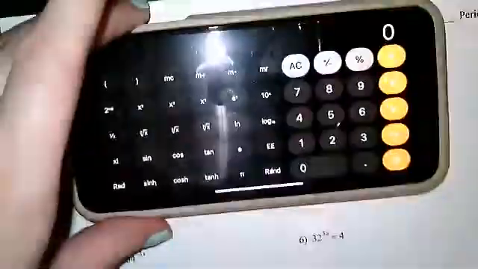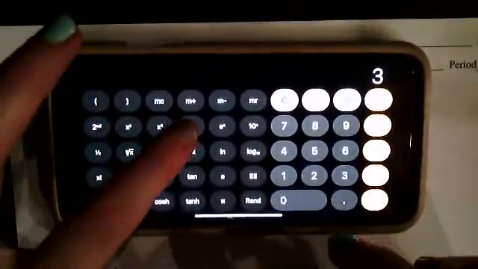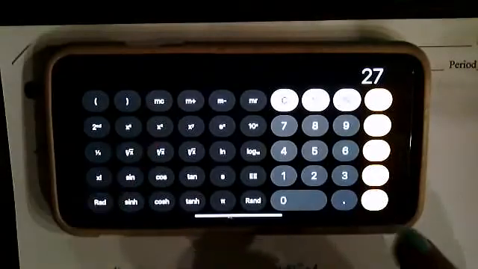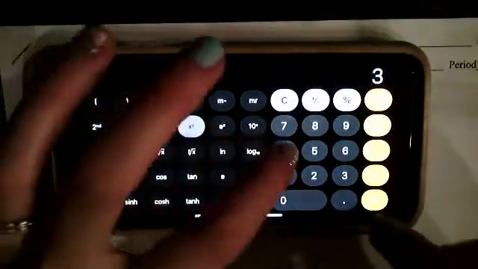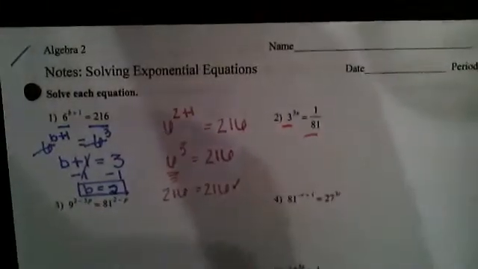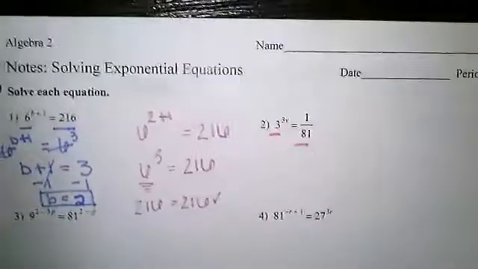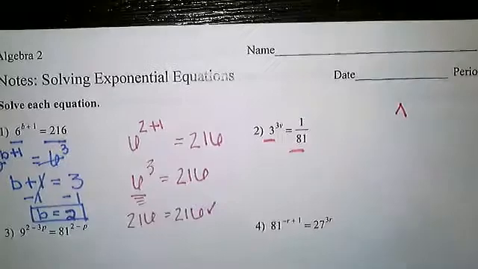There's quite a glare when it comes to using that. There we go. So if you do 3 to the third, you'll get 27. And if we do 3 to the fourth, we get 81. You can do that in a scientific calculator as well, using the little button that looks like this.